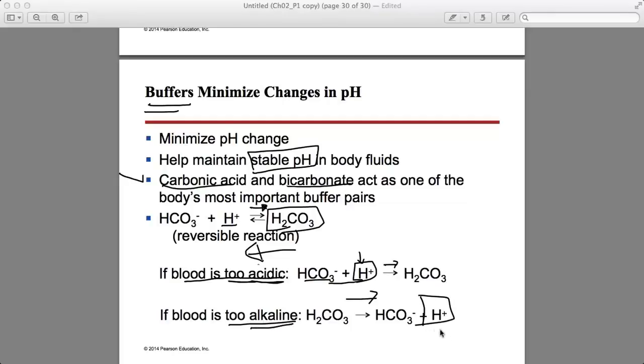If you go too much, then it'll become acidic again, and then you'll go back the other way. So this equilibrium reaction is always occurring in your body, and it's an important way that your body fluids maintain a pH of around 7 or thereabouts.